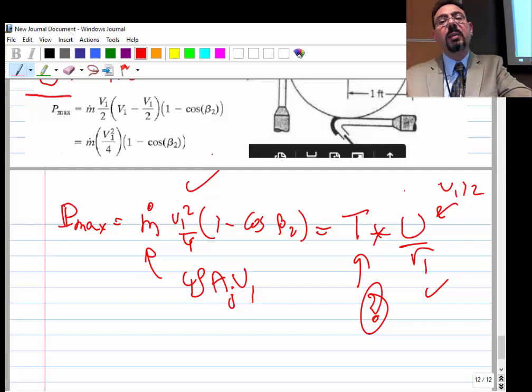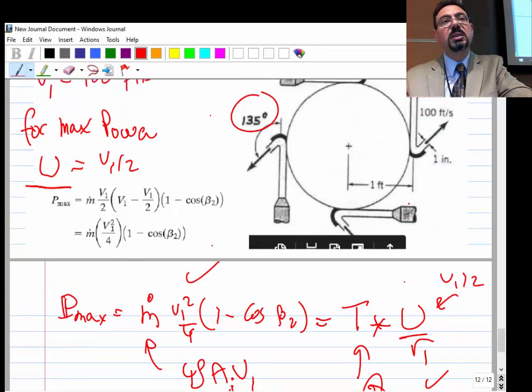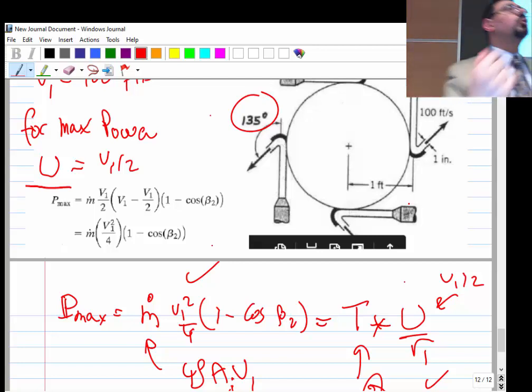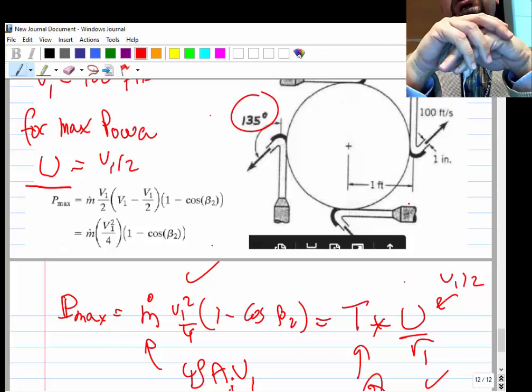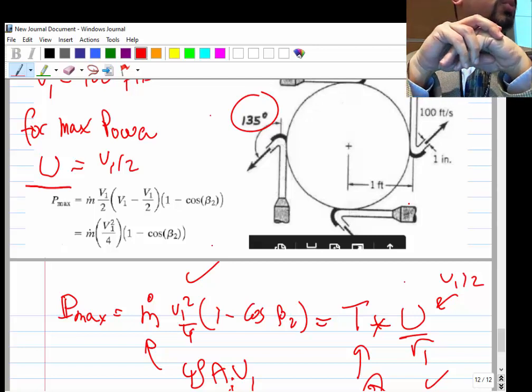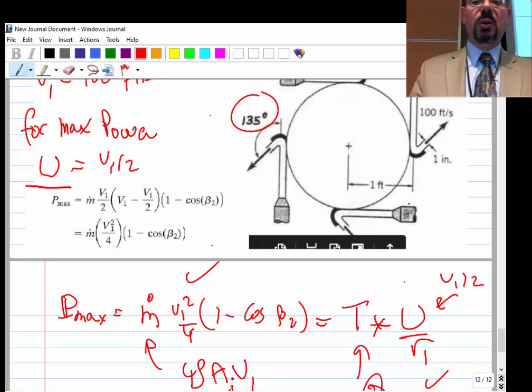One year also he said, what is the maximum torque that you can generate on this shaft? How do you calculate the maximum torque? He didn't say calculate the maximum power and the corresponding torque. No, he would say what is the maximum torque that this turbine can generate. So what velocity does this correspond to? For maximum torque, U should be 0, right?